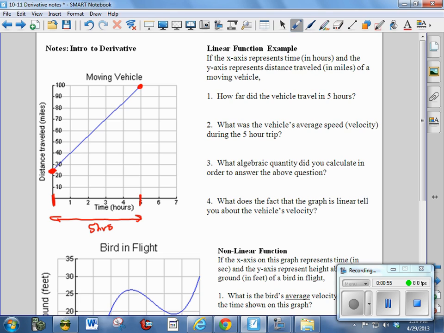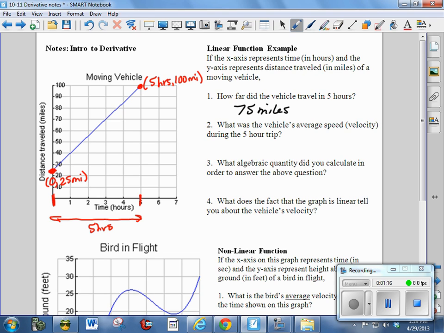So we start at the point 0 hours, 25 miles, and we end at 5 hours, 100 miles. So how far did the vehicle travel during that 5 hours? It looks like it traveled 75 miles.